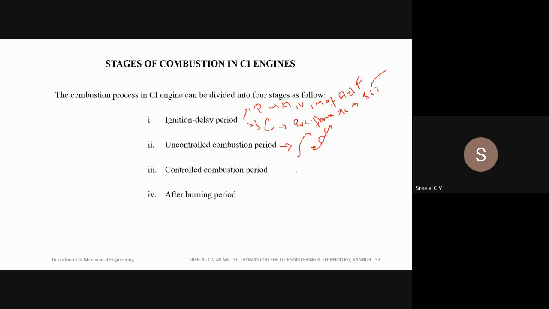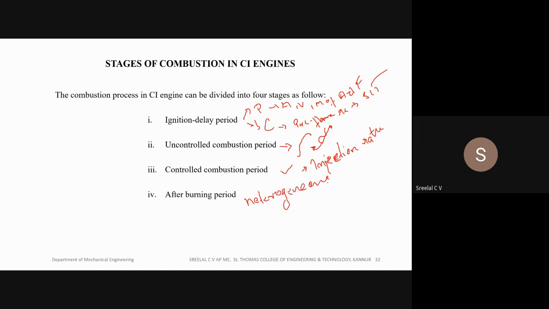Then after that, the controlled combustion. Here we will be controlling the injection rate, and through that we are able to control the combustion. And in the after burning stage, first of all you have to understand that we are giving a heterogeneous mixture of air and fuel.